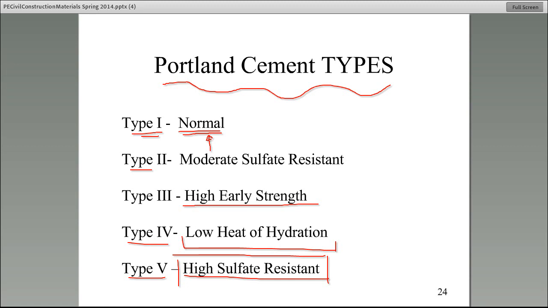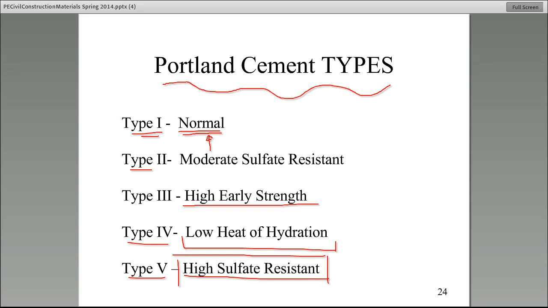When you have harbor structures, think about it. They're exposed to constant water and salty water, or there is some sulfate in the water, or sewers, gravity sewers. Jeremy says gravity sewer for type 2, but type 5 also will give you resistance to high sulfate.